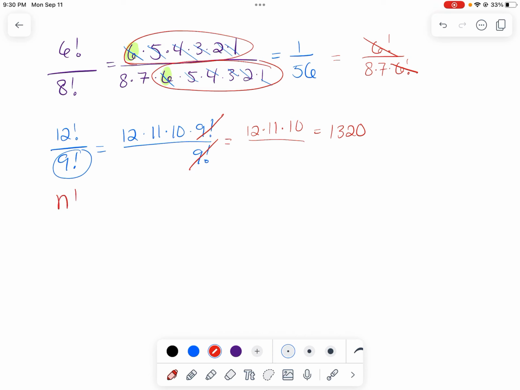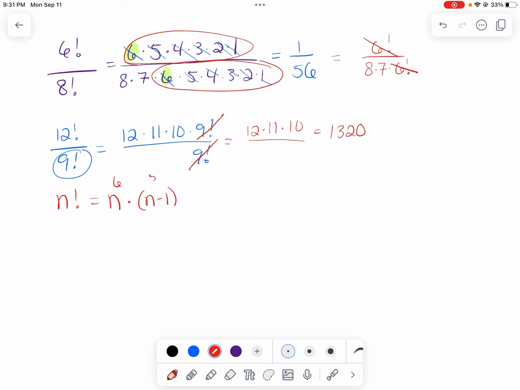Let's talk about just n factorial, right? If 6 factorial is 6 times 5 times 4 times 3 times 2 times 1, then n factorial must begin with n. And then we're going to multiply it by a value that is 1 less than that. So if we started with 6 and the next one's 5, if I start with n, then the next factor must be n minus 1, because we took away 1 from the original value, right?